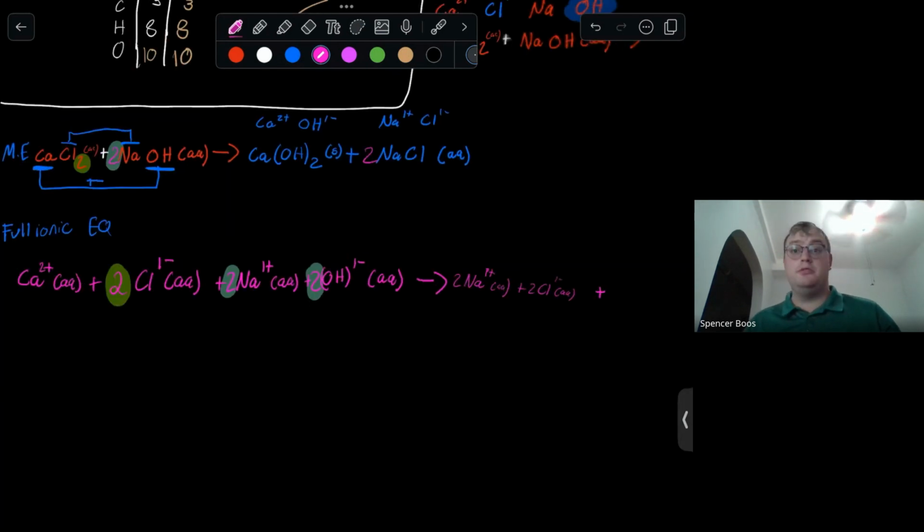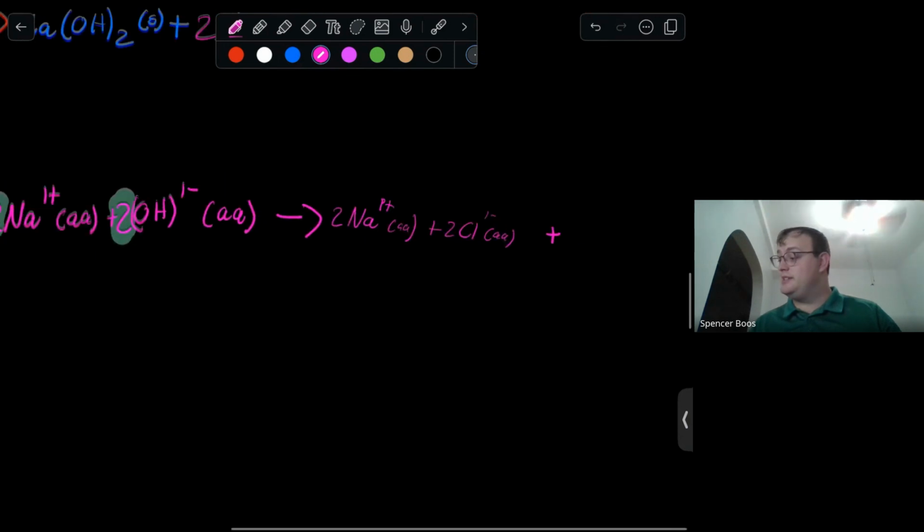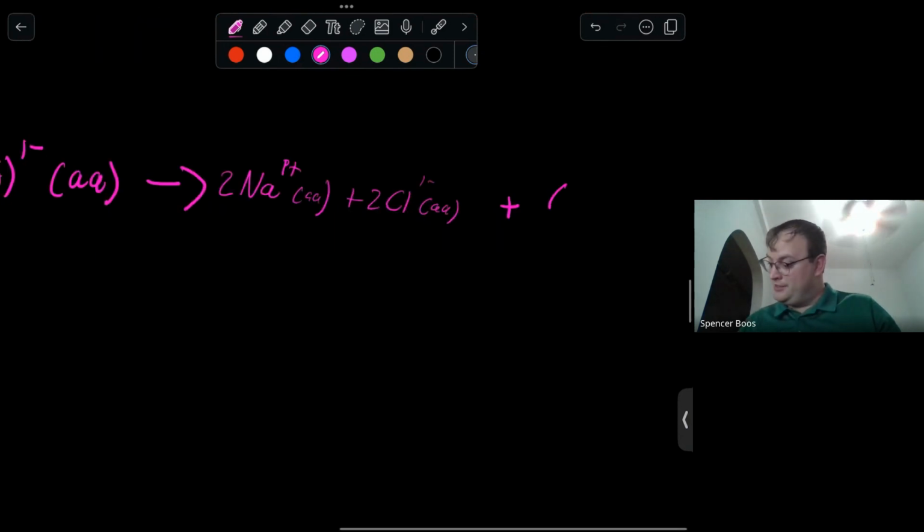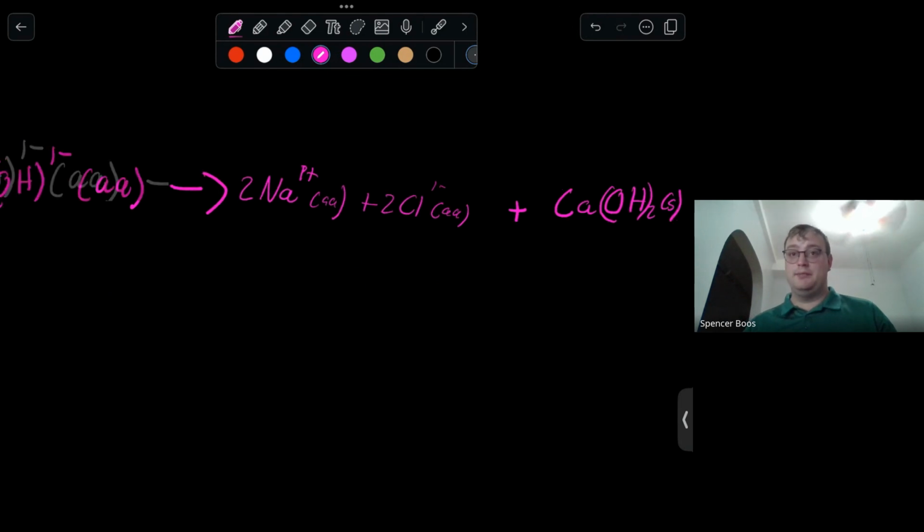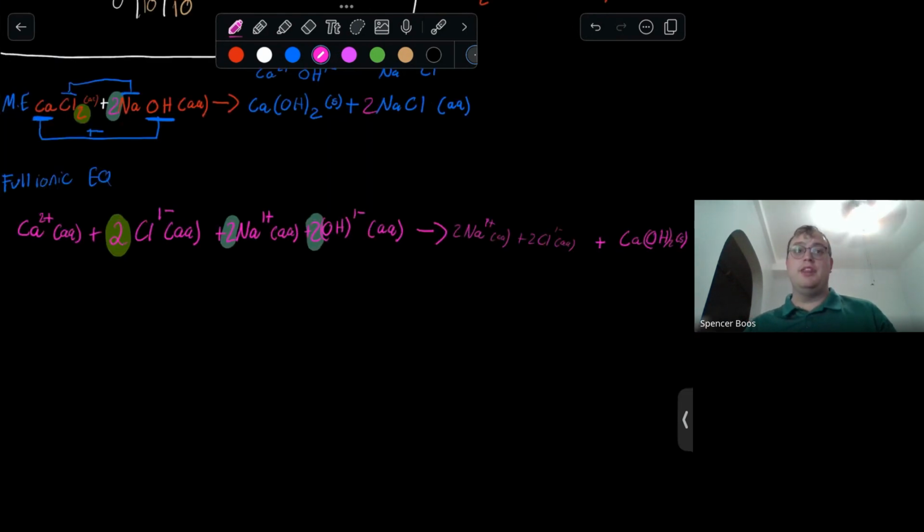And now, the question here is, do we separate our solid? No, your solid stays together. CaOH2, solid. And that would be your full ionic equation.